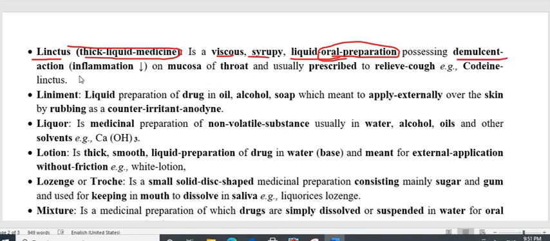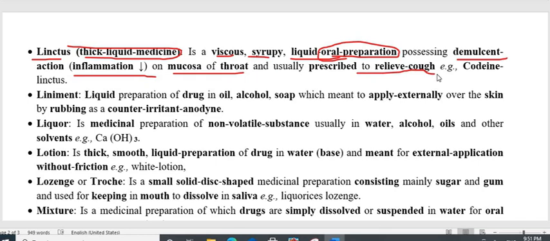Soothing effect means reducing the inflammation over the mucosa of the throat, and that has to be prescribed in case of coughing, particularly to relieve the irritation.